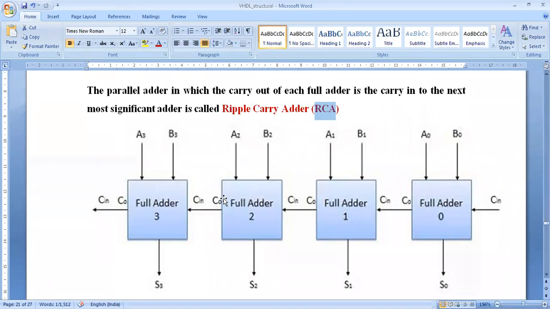So now you tell me, is this parallel adder a faster adder circuit or a slower adder circuit? Can anyone respond to this?